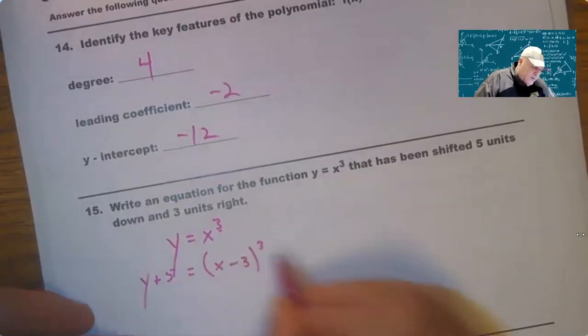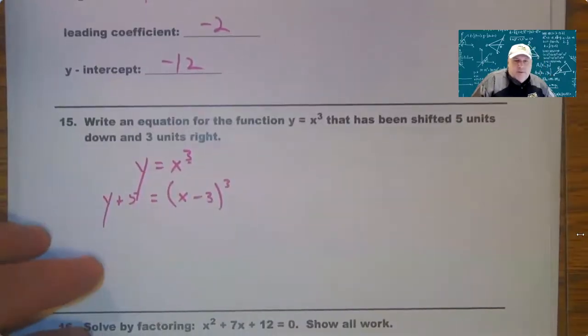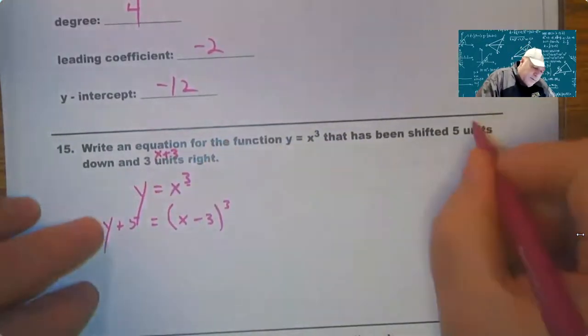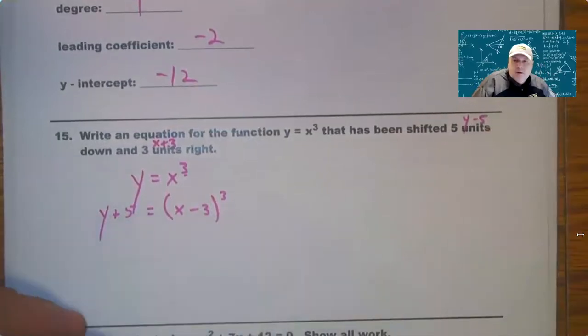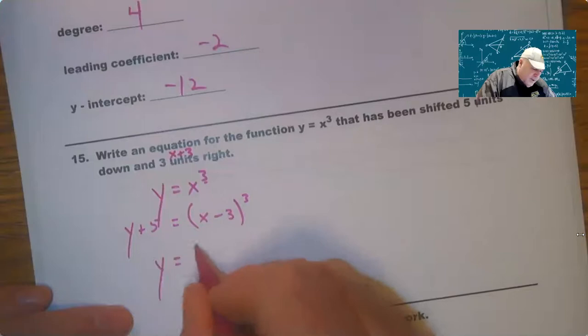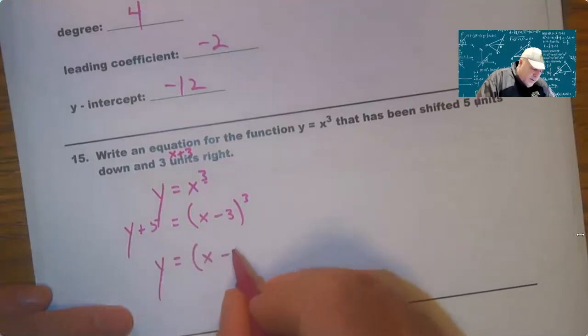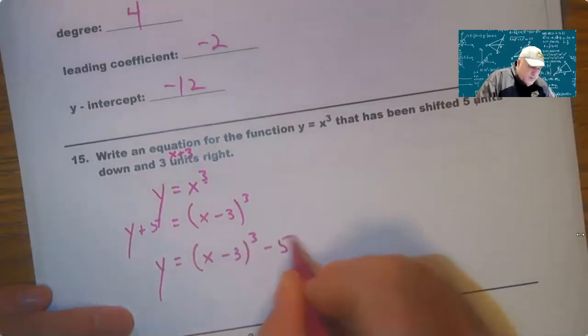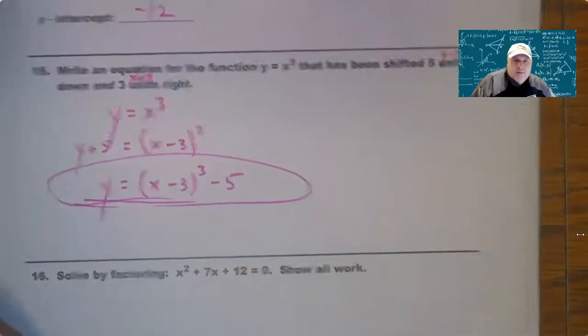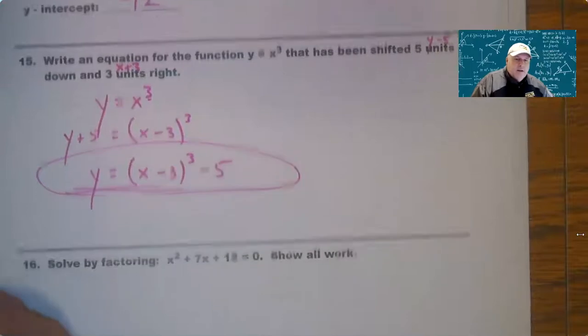So x minus 3 goes in for x, because this is x plus 3, and this is y minus 5. So you put the opposite in, and then just solve. Now I'm not going to make you cube this out. You could, but that's not the point with that.